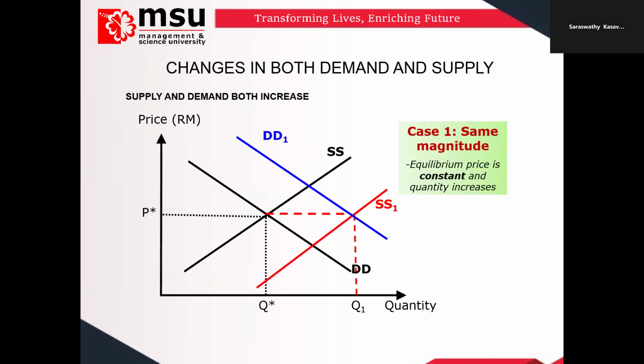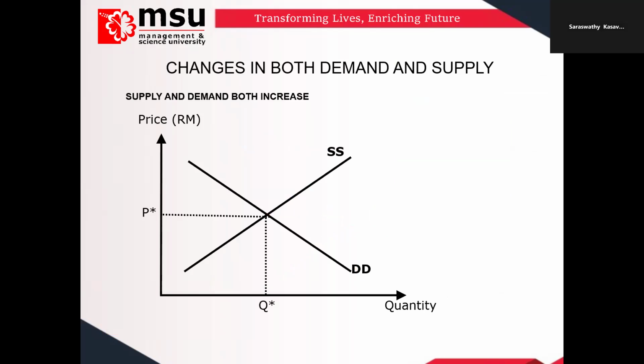Okay, what happened to the equilibrium price? Previously, before the increases in both supply and demand, the price is P star and the quantity is Q star.